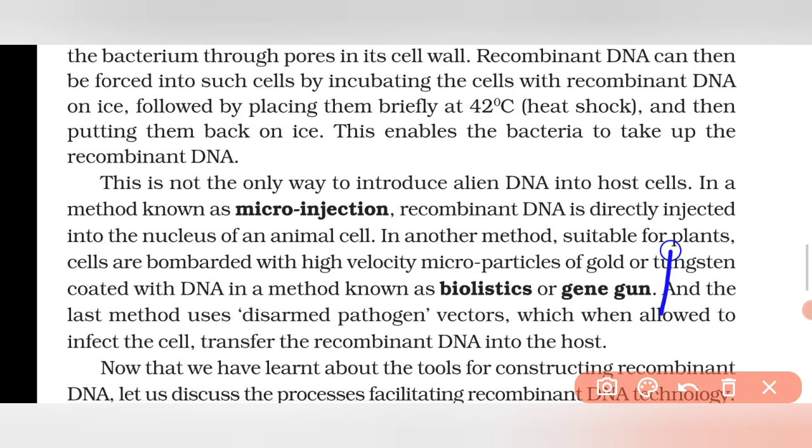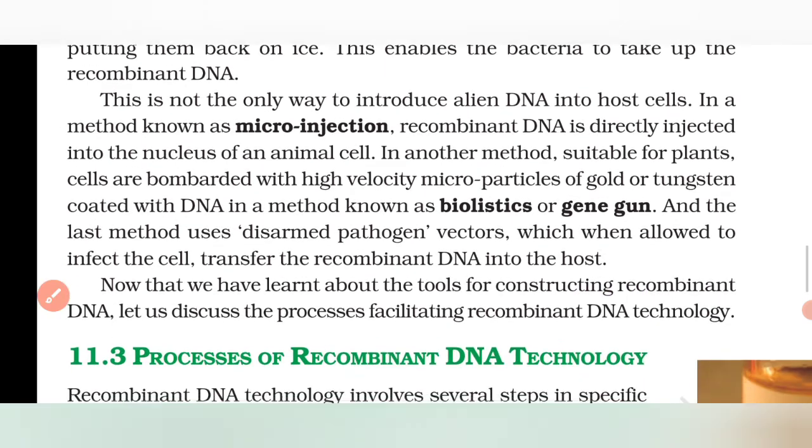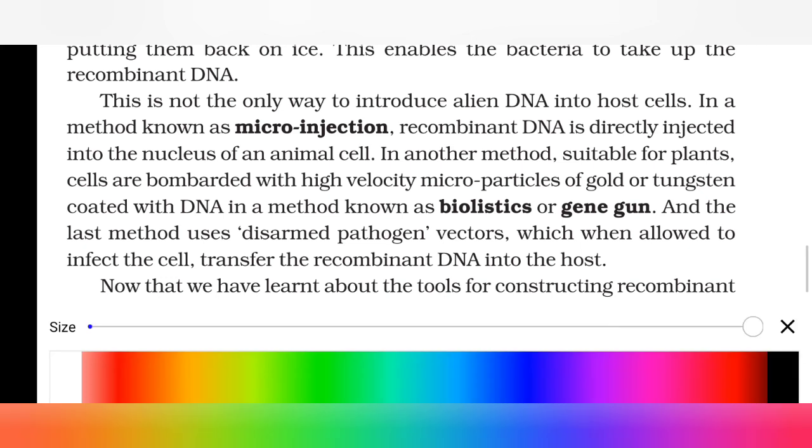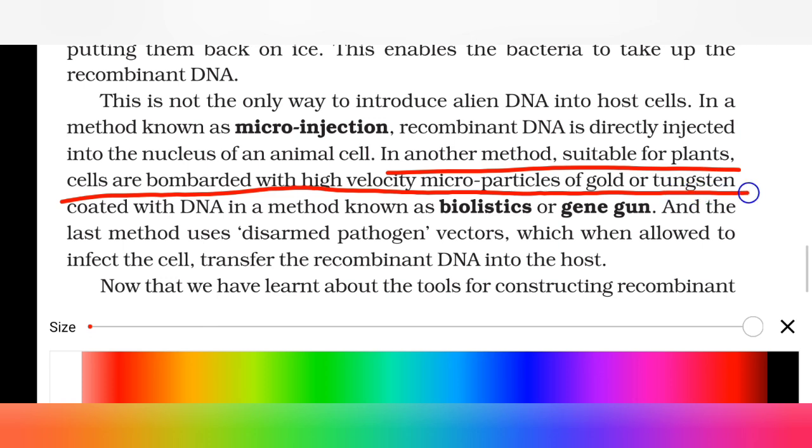Another method suitable for the plant cell is the gene gun or biolistics. This method is suitable for plants, and cells are bombarded with high velocity microparticles of gold or tungsten metal coated with DNA. This method is known as biolistics or gene gun.